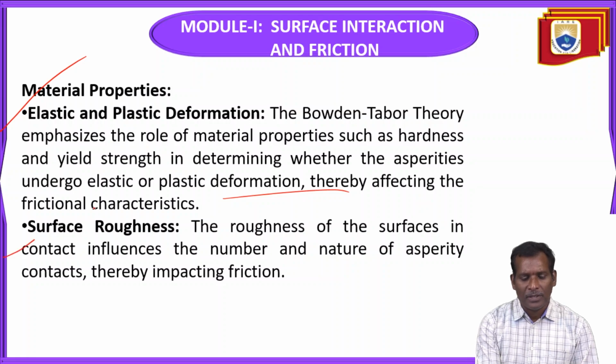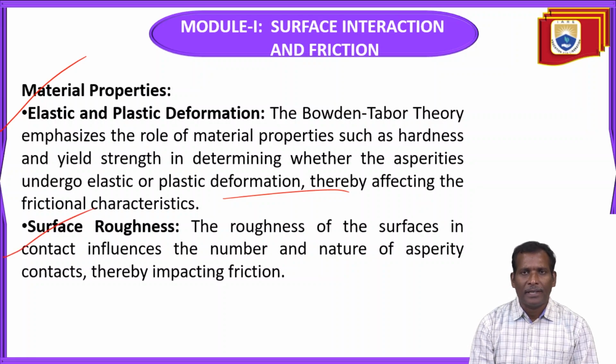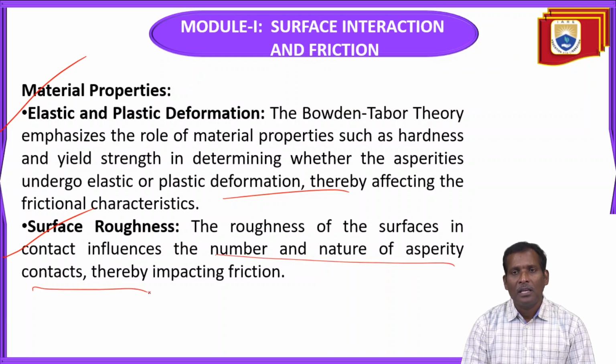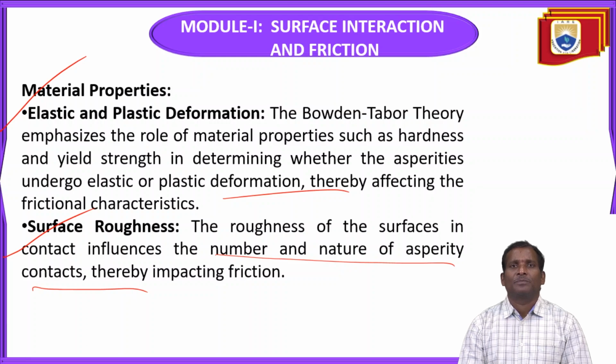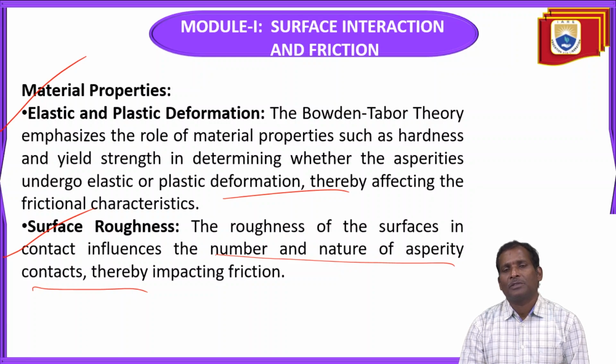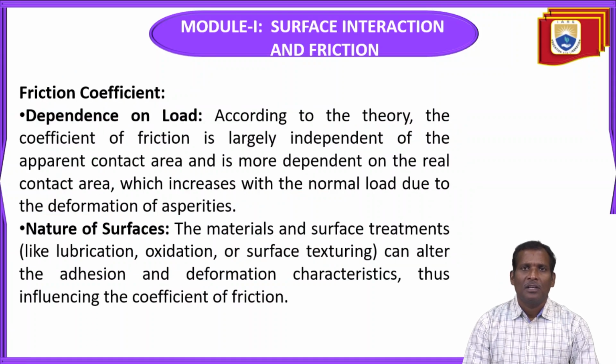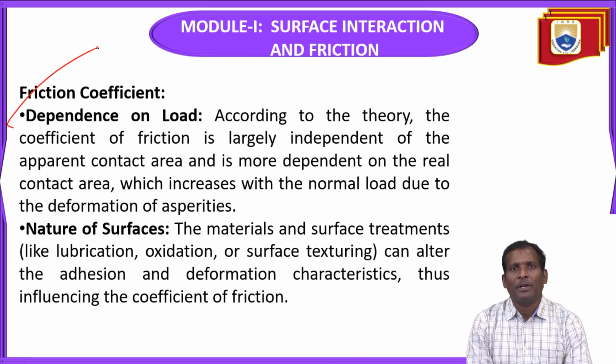Then surface roughness. The roughness of the surfaces in contact influences the number and nature of asperity contacts, thereby impacting the friction. So this theory depends upon these material properties, again the elastic and plastic deformation. Another point is the friction coefficient, which depends on load.